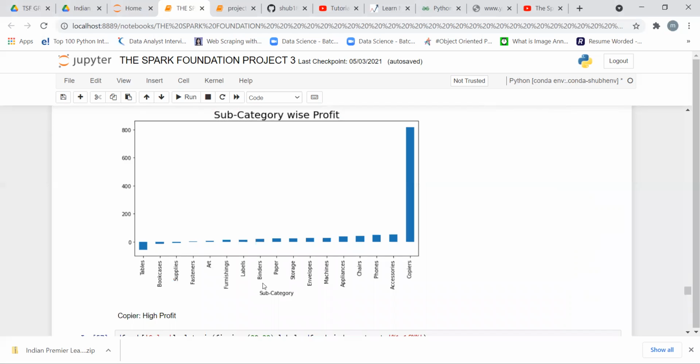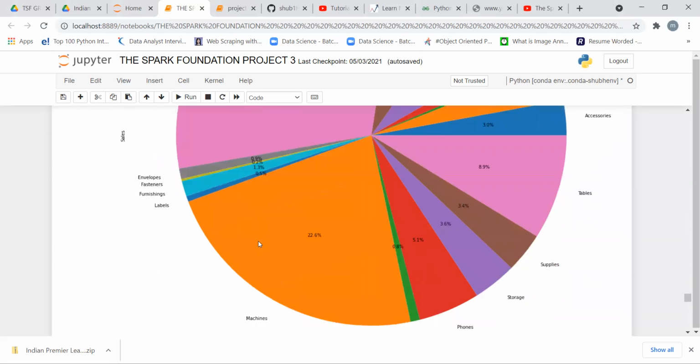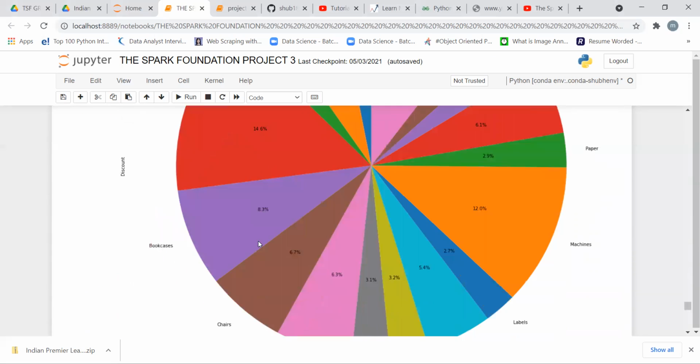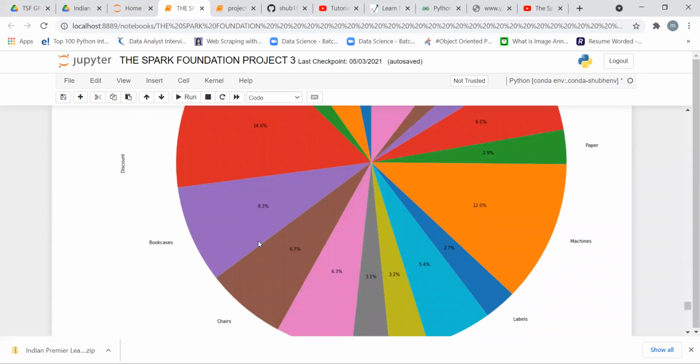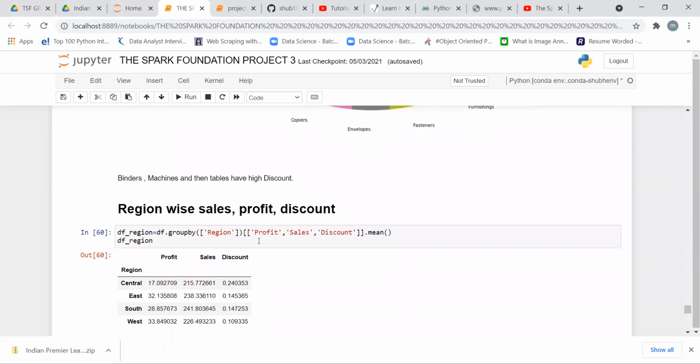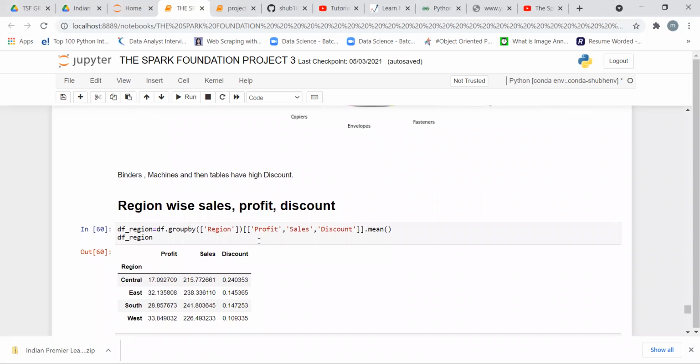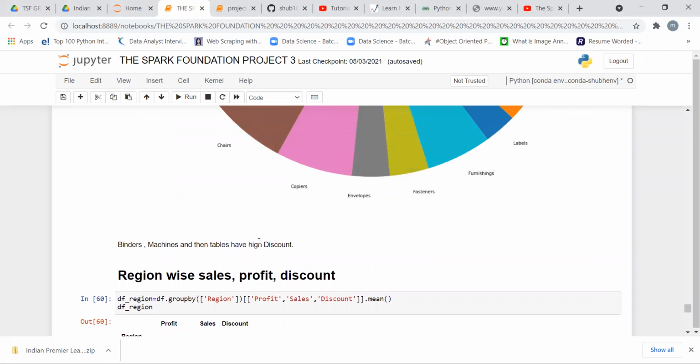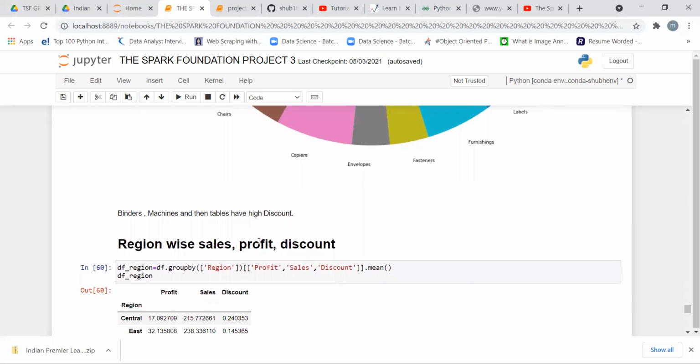We can see that the profit of binders is less because we gave the highest discount to the binders, so it generates less profit. It is around zero. So it is a negative relationship between discount and profit.